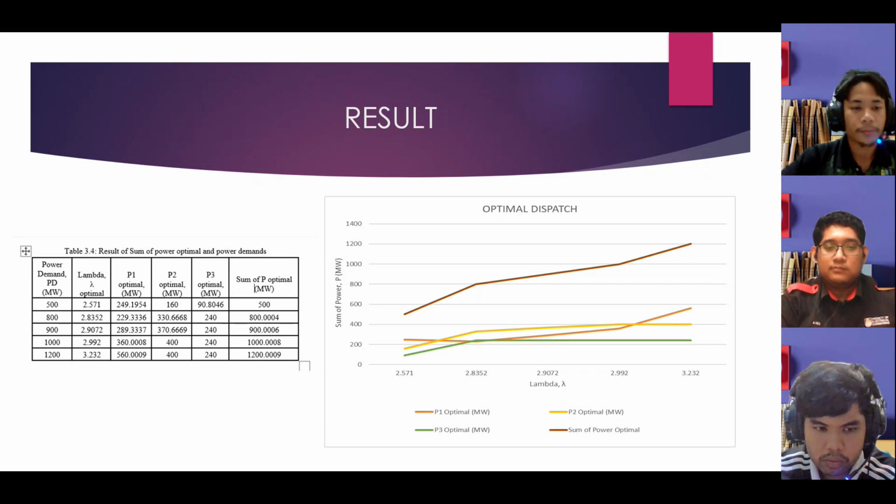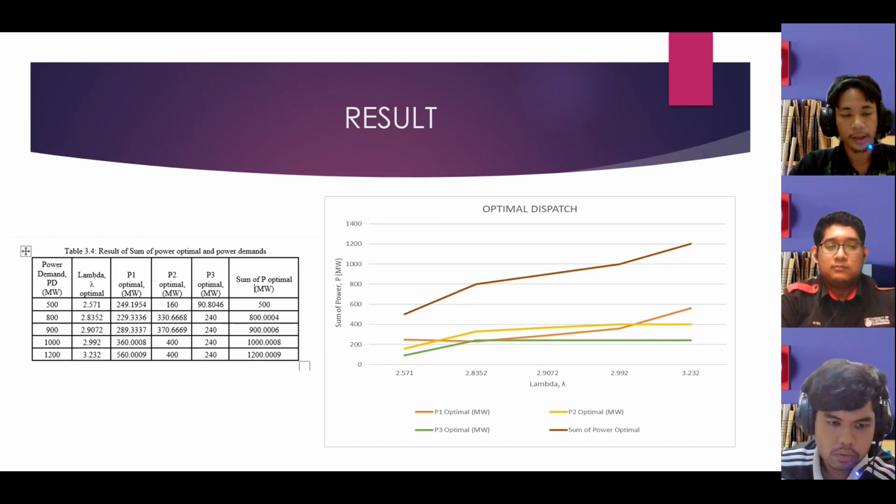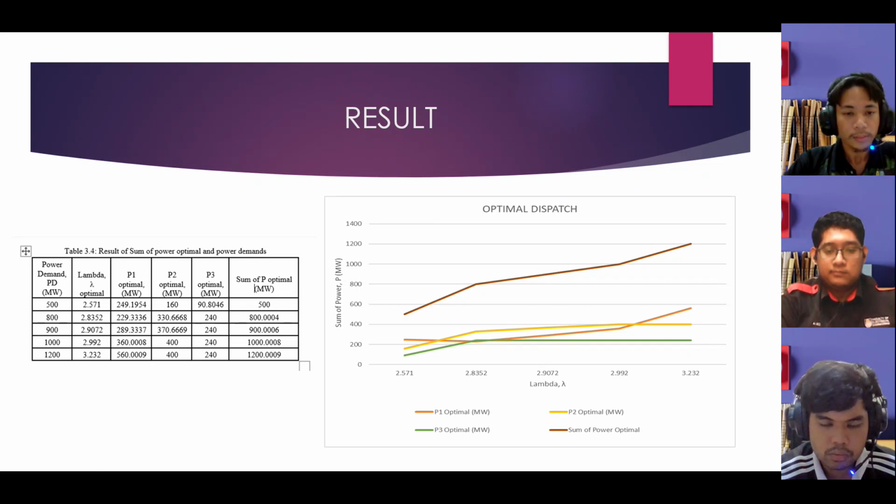For table 3.4, the result of the sum of optimal power and power demand. And at the right side is the graph of the optimal dispatch, which is the sum of power with the lambda.